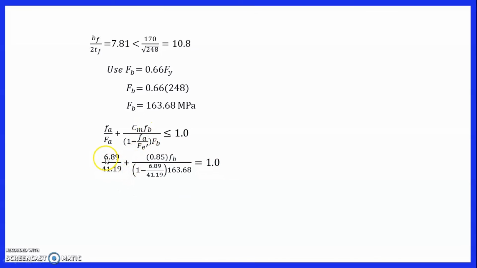So we have 6.89 over 41.19 plus 0.85 multiplied by the bending stress over 1 minus 6.89 over 41.19 multiplied by 163.68 is equal to 1, which we have our bending stress is equal to 133.50 megapascal. Now that we have the value for our bending stress, we can now solve for the moment capacity.